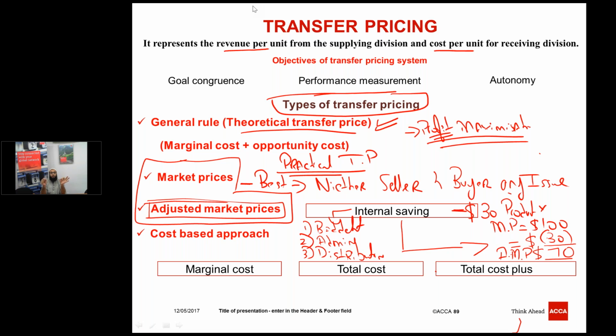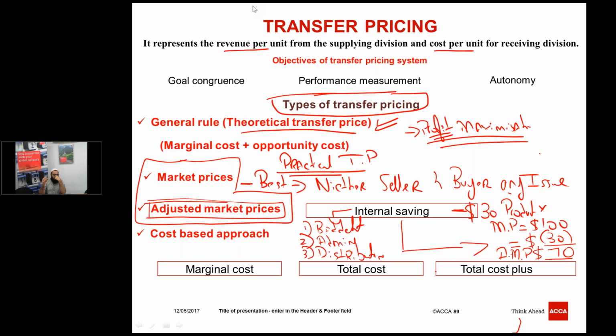In that case as well, there will be no external competitive price available when there is no external market available for the intermediate product. Got it? So when there are any of these three issues that I mentioned, market price or adjusted market price will not be a reliable source.